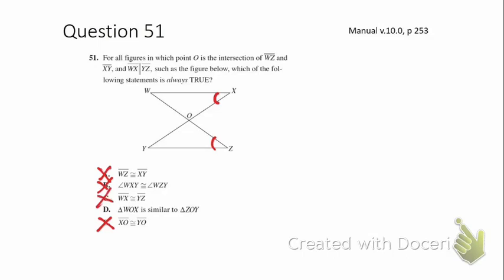Let's just talk through it. Triangle WXO is similar to triangle ZOY. So based on what's given, let's see what angles we can label. These are congruent because they're vertical angles.